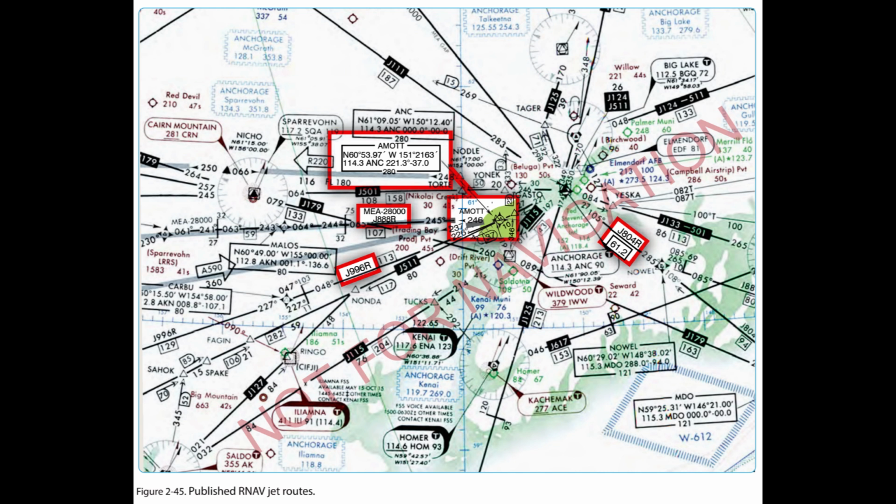These aids are depicted on en route low altitude charts. For operation off established airways between 14,500 feet MSL and 17,999 feet MSL in the conterminous United States, facilities not more than 200 nm apart may be used. End of page 2-22.